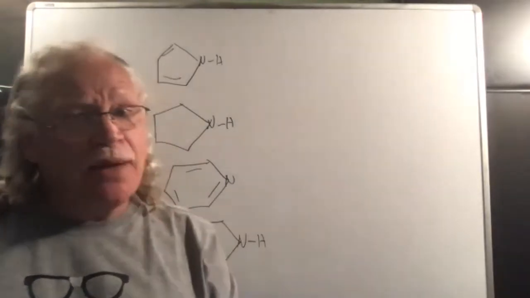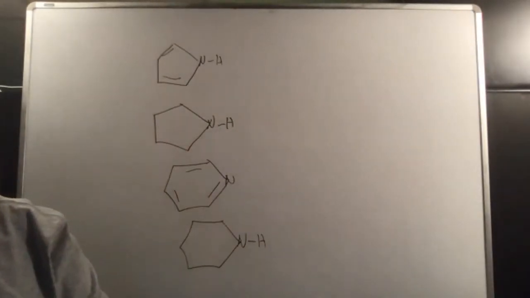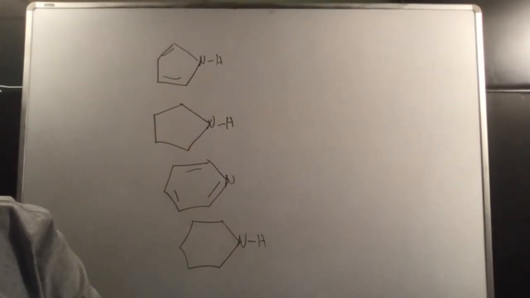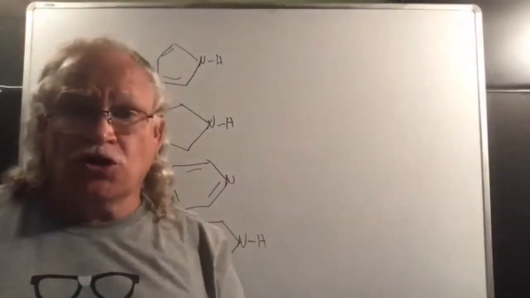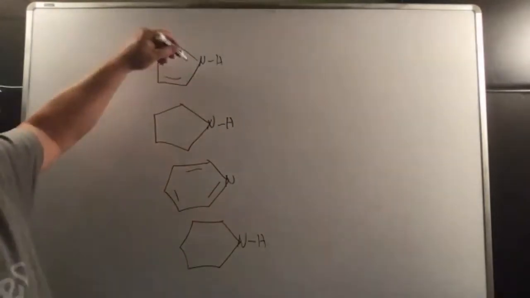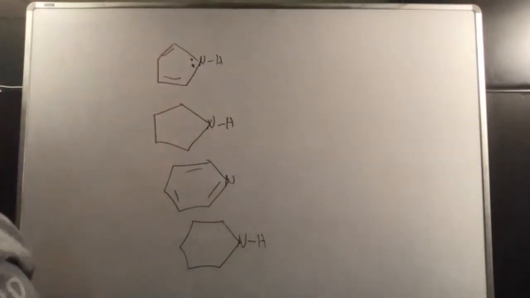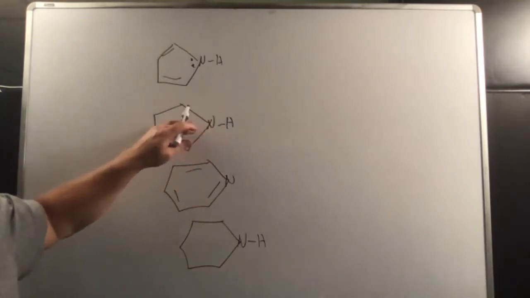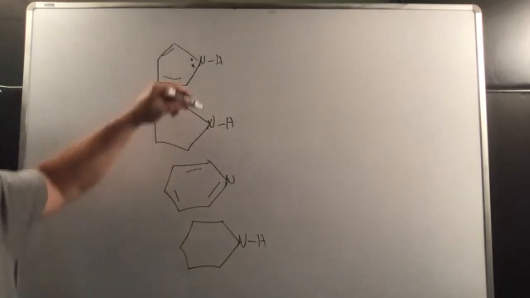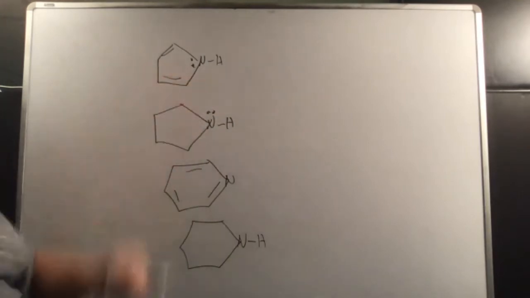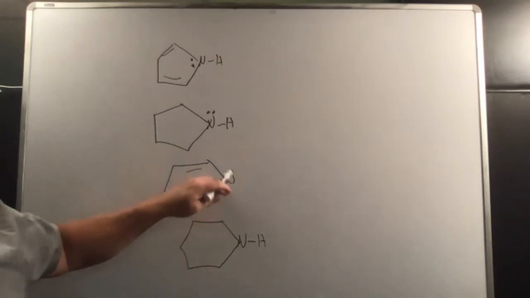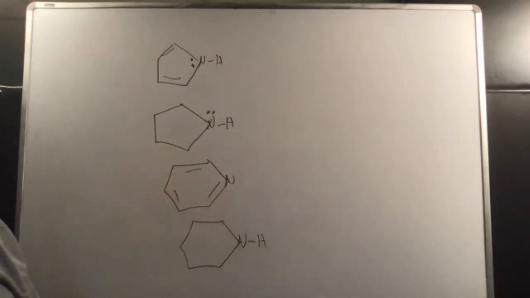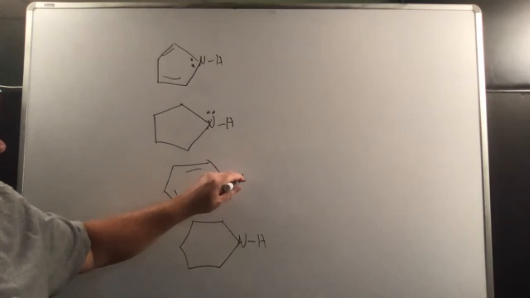Remember, the only time we put a lone pair inside the ring is if it is needed for aromaticity, and y'all got finished doing that on your first test. So by placing this lone pair inside the ring, it's part of the aromatic ring. Notice, whether we place it inside or outside is not going to make that aromatic, so we leave it outside. Now notice this one already has enough electrons for an aromatic ring, so it's going to be on the outside.